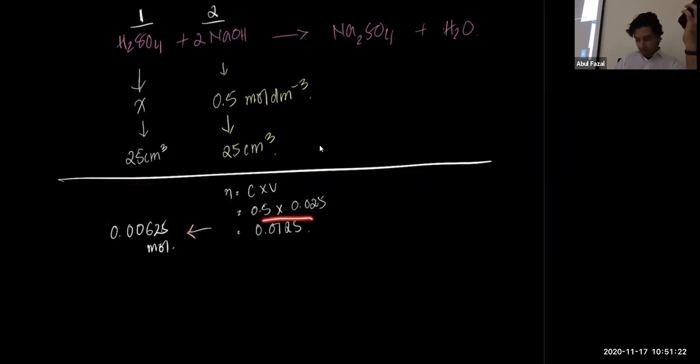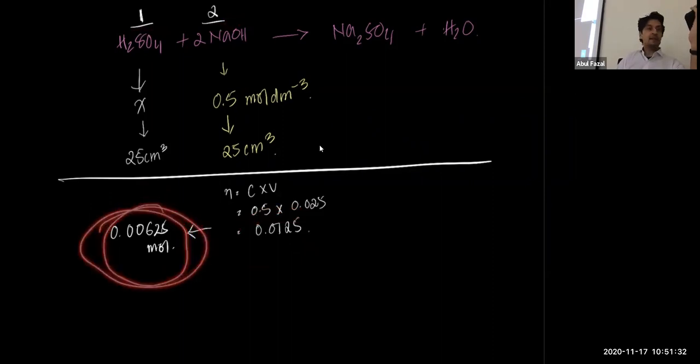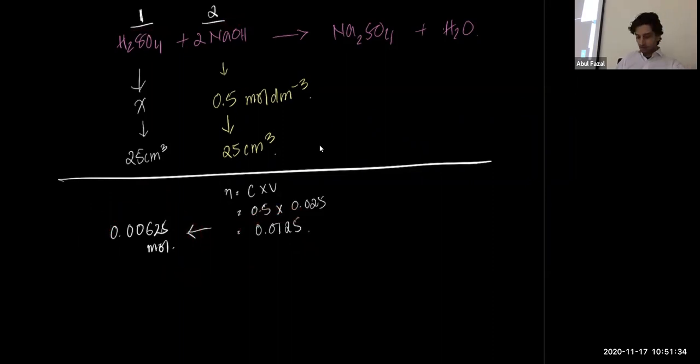These are the moles present in sulfuric acid. Because I figured out the moles of NaOH, then I halved it because the ratio is 1:2. So it has to be half the moles. That's why it got titrated with these many moles of NaOH. Can I figure out the concentration right now? Well, the total volume is 25 centimeter cube.